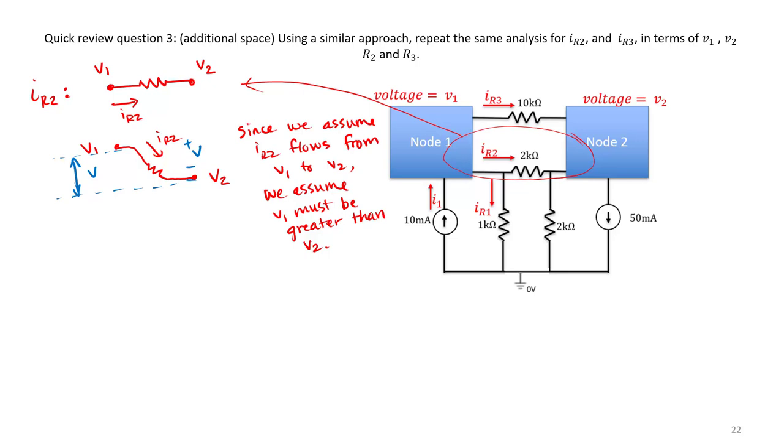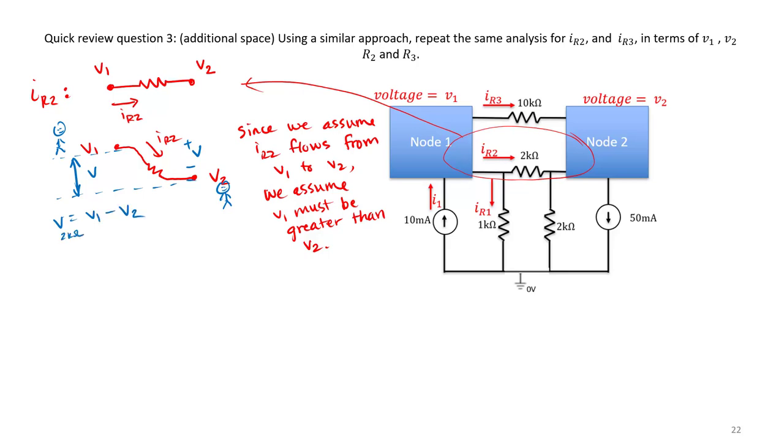How much voltage drop would I get? Well, notice that I'm starting at a higher voltage V1, I'm ending at a lower voltage V2, right? So in this case, if I go from V1 to V2, my change in voltage, or that voltage V, is just going to be equal to V1 minus V2.